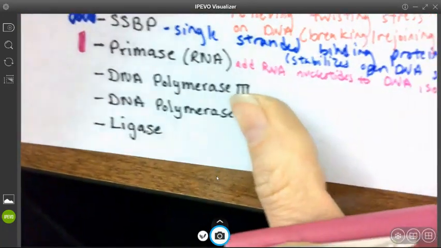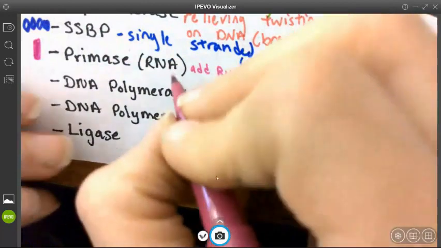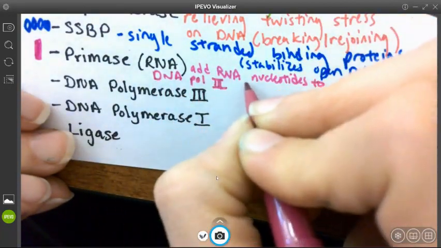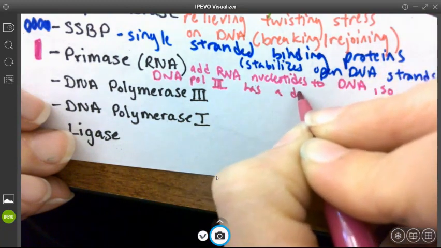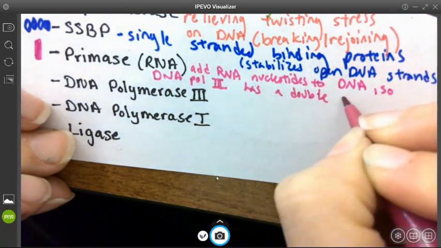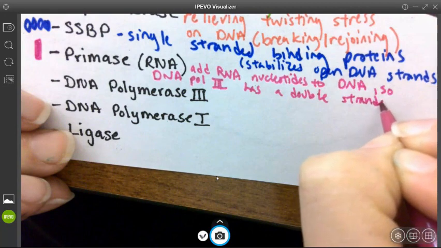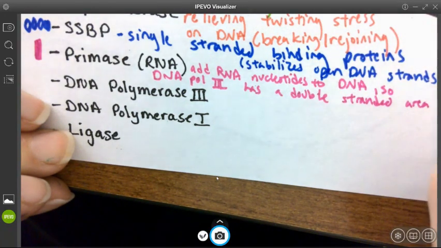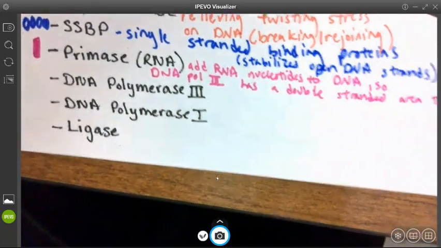So that DNA polymerase 3 has a double-stranded area to attach.